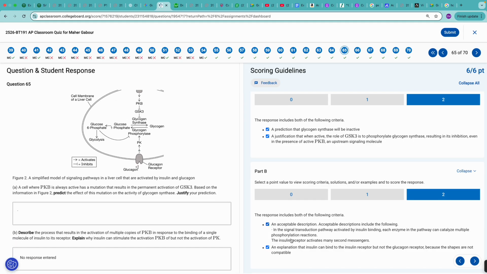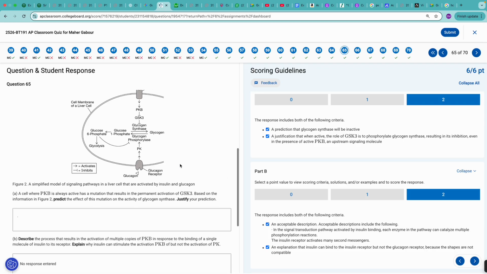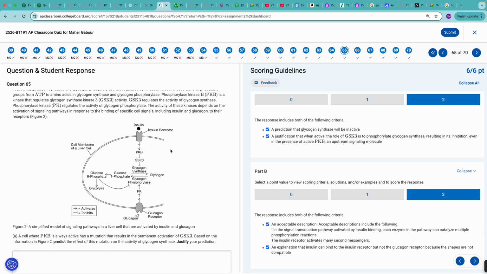In the signal transduction pathway activated by insulin binding, each enzyme in the pathway can catalyze multiple phosphorylation reactions. So it can undergo multiple reactions.